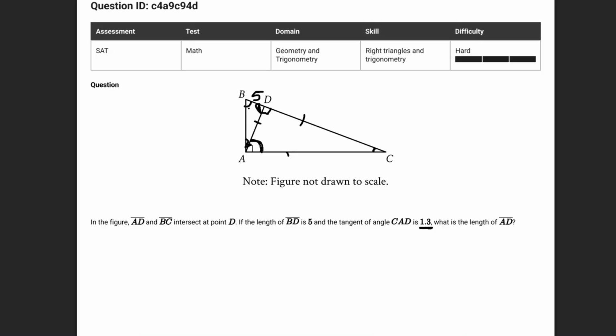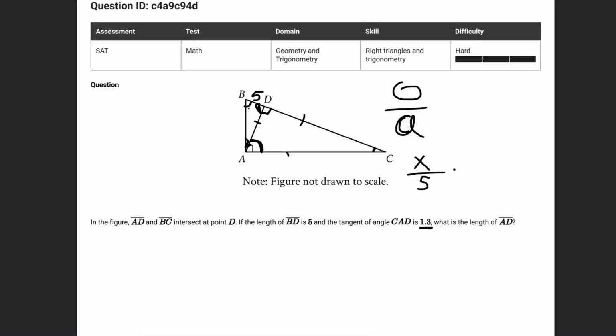Using that, we can now set up our proportion. We know tangent is opposite over adjacent. Since we've determined that the angle corresponding to CAD is ABD, the tangent for ABD is opposite over adjacent. Opposite would be right here, let's call it X because we don't know where AD is, over adjacent, which is 5.